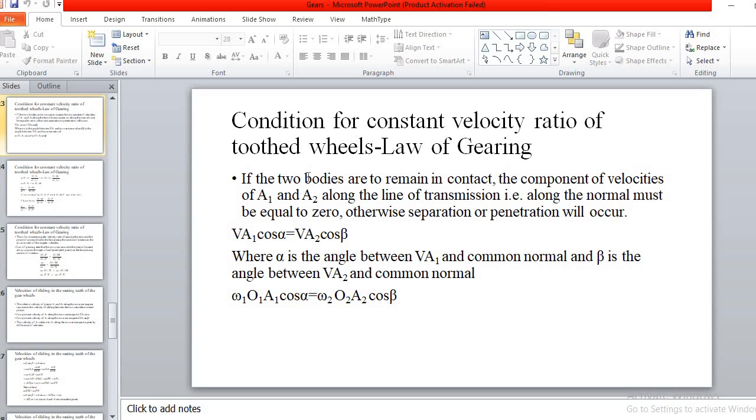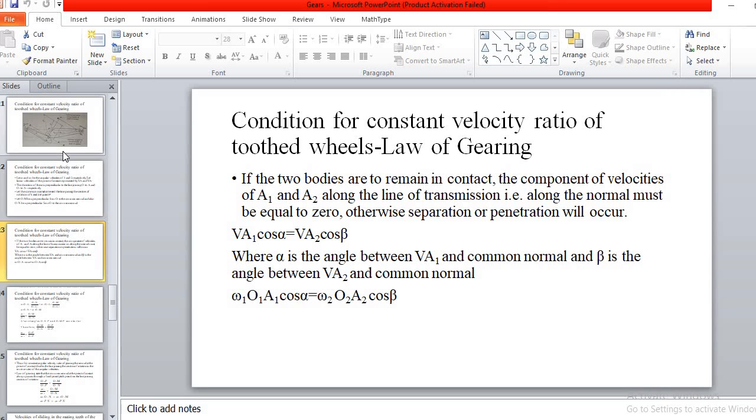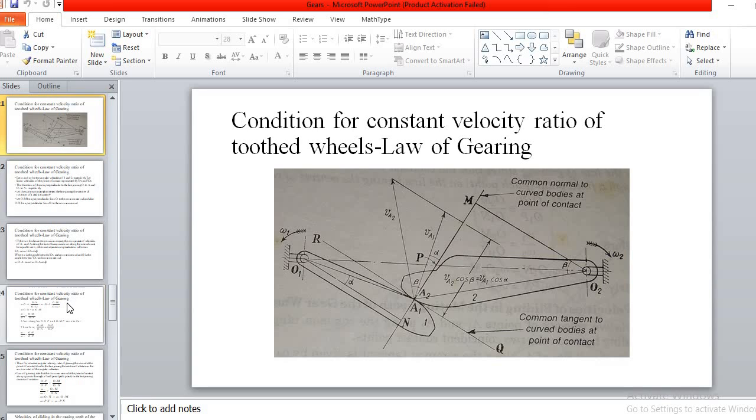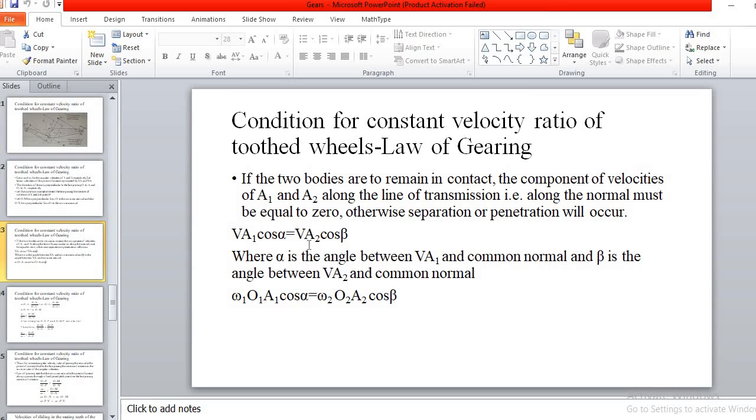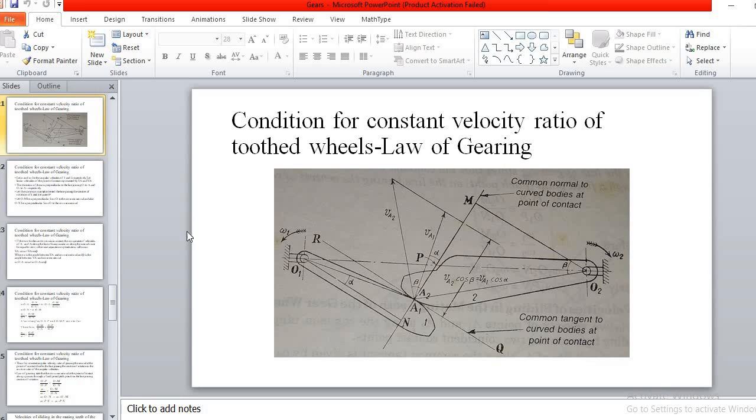Now when two bodies are in contact, the components of velocity along the common normal should be the same. So VA1 cos alpha and VA2 cos beta. VA1 cos alpha is this distance from this point to this point, and VA2 cos beta is the distance from A2 to this point. Considering the small triangle we write VA1 cos alpha, and considering the larger triangle we write VA2 cos beta.